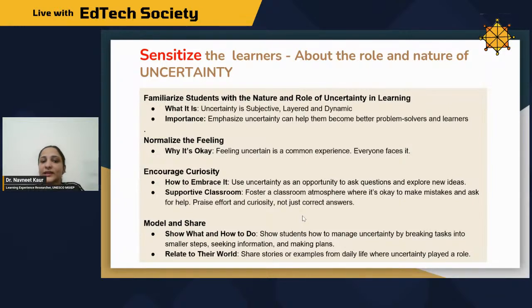We as teachers can demonstrate them to the students, and then we want them to relate the experiences of uncertainty to what's actually happening in real life contexts. So we need to share some stories and examples from daily life where uncertainty plays an important role.